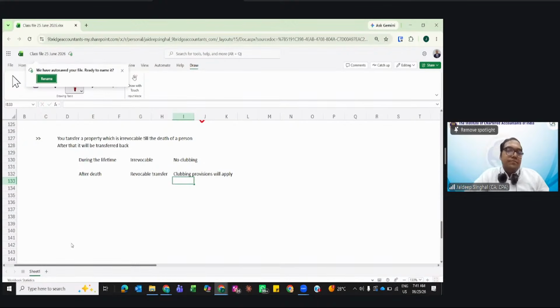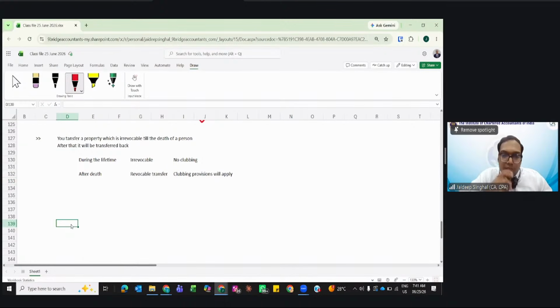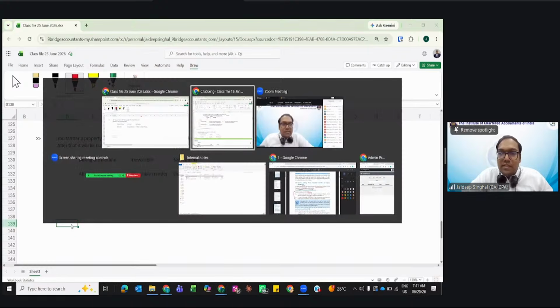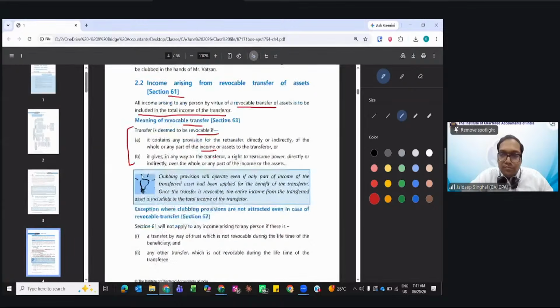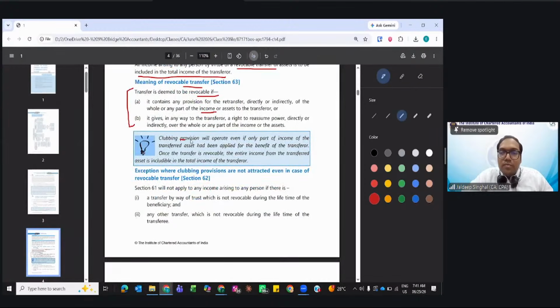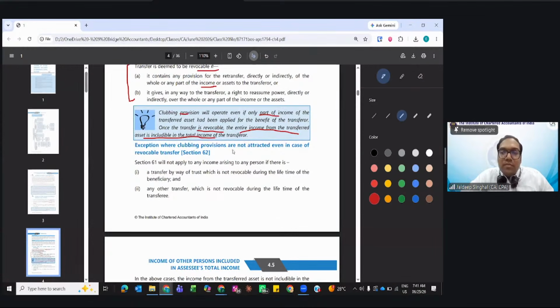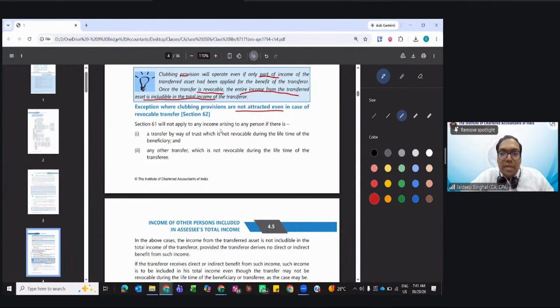Okay. Let's see the book. Can you say clubbing provisions will apply even if only part of income is transferred? Once the transfer is revocable, the entire income from the transferred asset is includable in the total income. There is an exception where clubbing provisions are not attracted in case of revocable transfer. Section 61 will not apply to any income arising if there is a transfer by way of trust which is not revocable during the lifetime, and any other transfer which is not revocable during the lifetime.